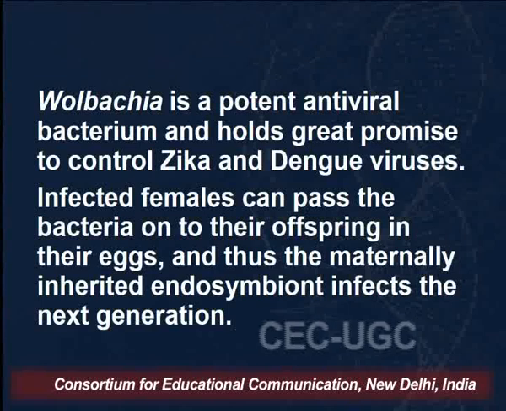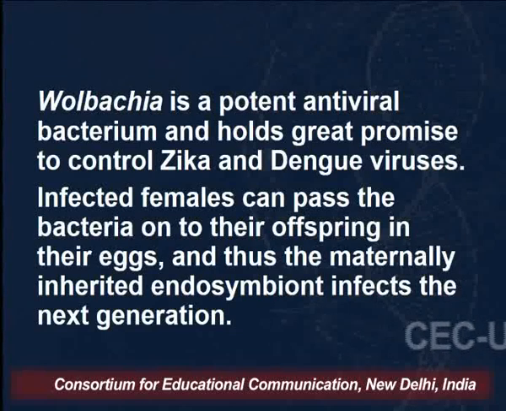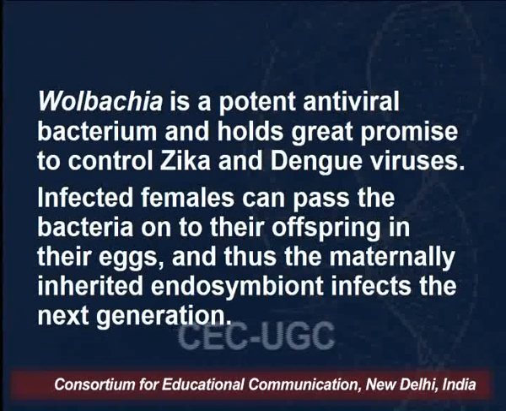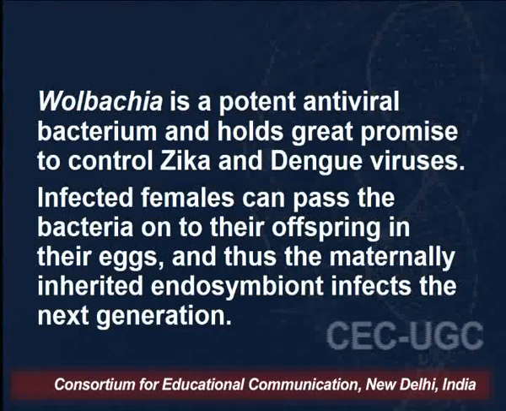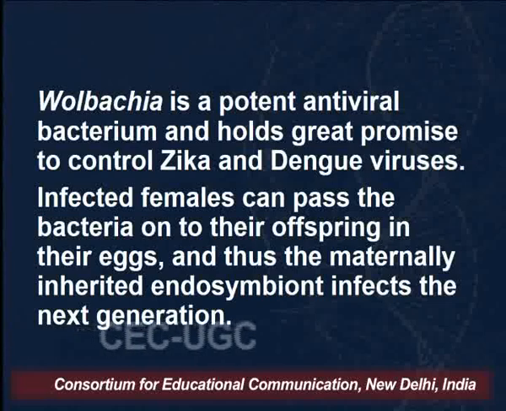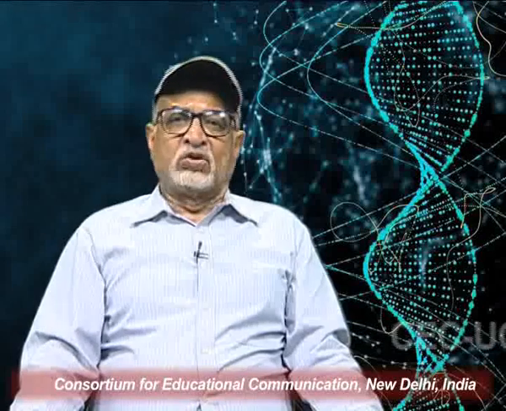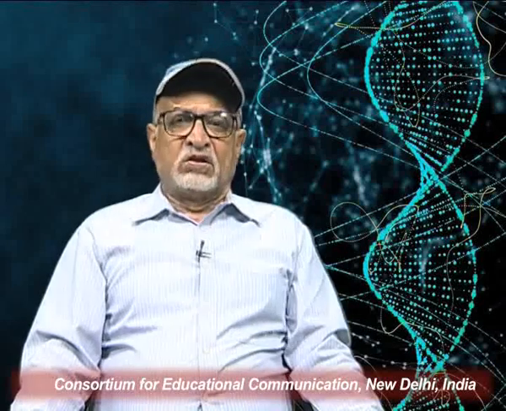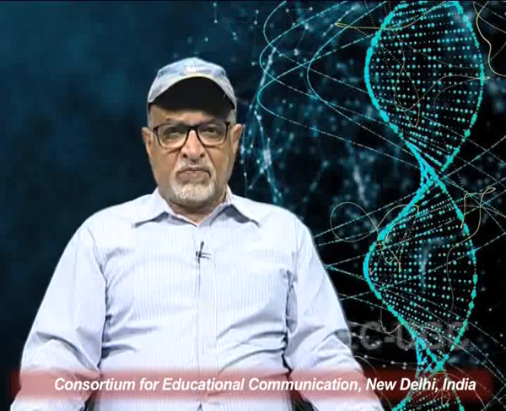Viewers, I must emphasize here that Wolbachia is a very potent antiviral bacterium, and therefore it holds a very great promise to control viruses like Zika and dengue, which are worldwide dangers to our population. And people are also talking about its potential in controlling malaria.